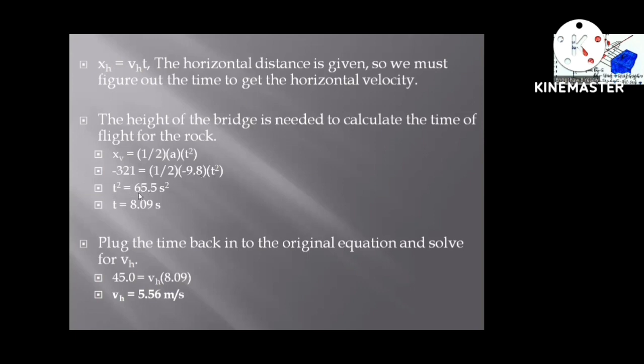Finally, t can be calculated, and we get 8.09 seconds. Then we insert the time back into the original equation and solve for the horizontal velocity of the object. We insert this value from this one, and we get these values.